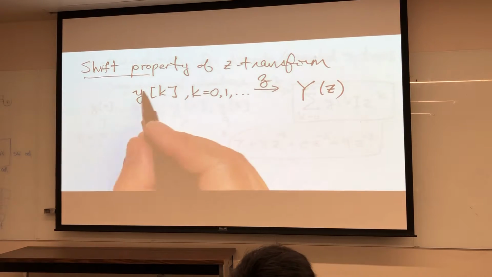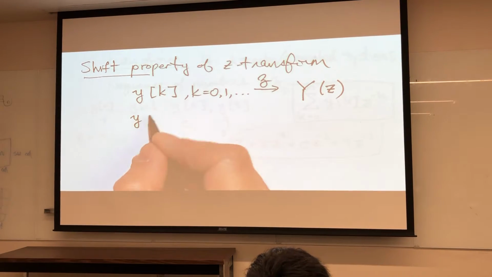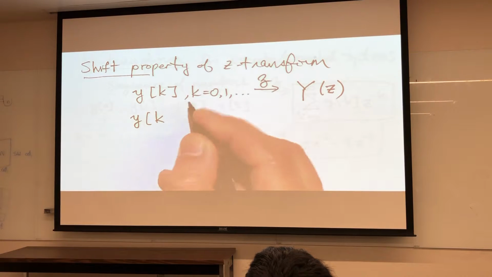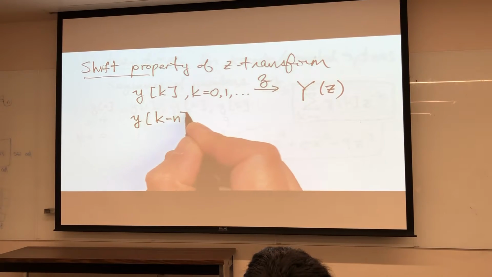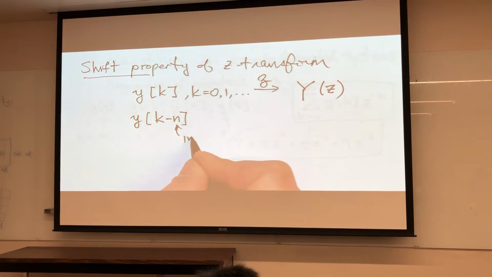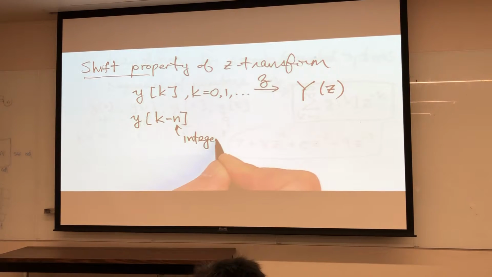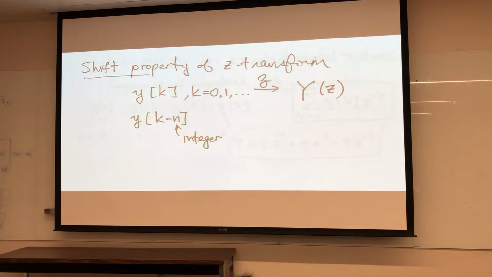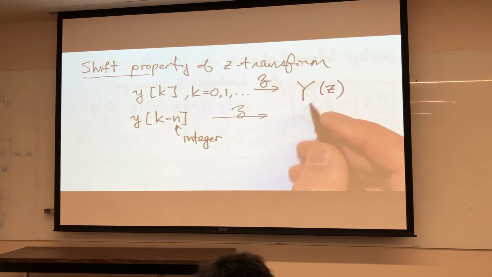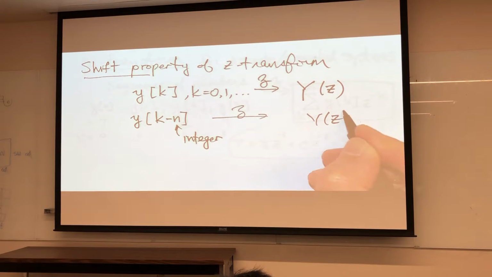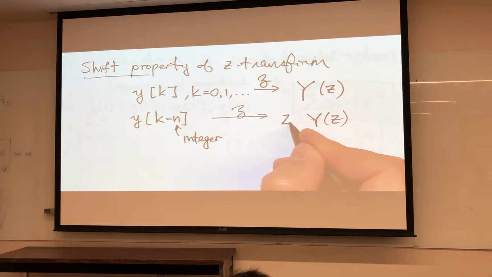Well, shifting means, let's suppose I take a look at that information shifted in time. This is also an integer. I shift it back in time. Then the Z transform is simply taking Y of z, the original transform, and then multiplying by z to the minus n.